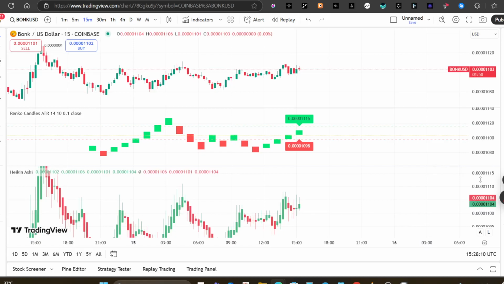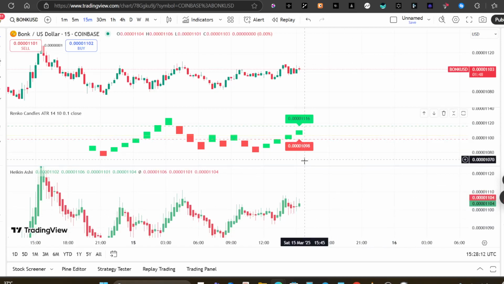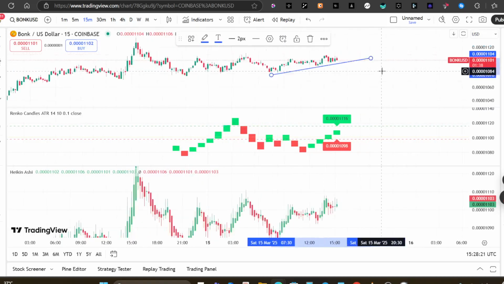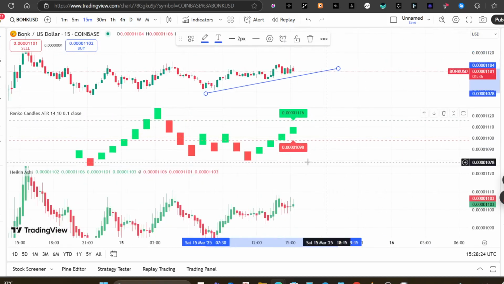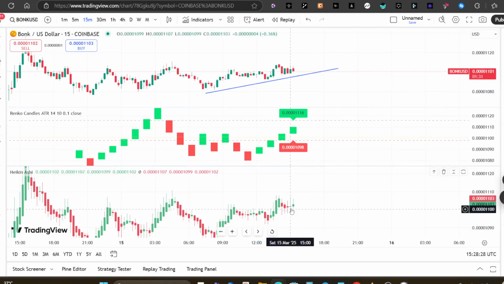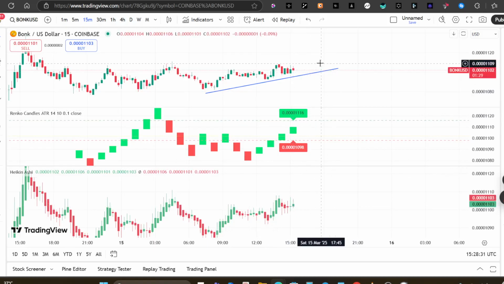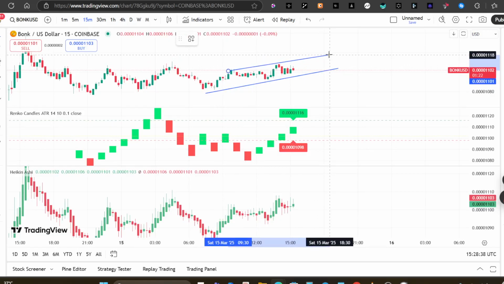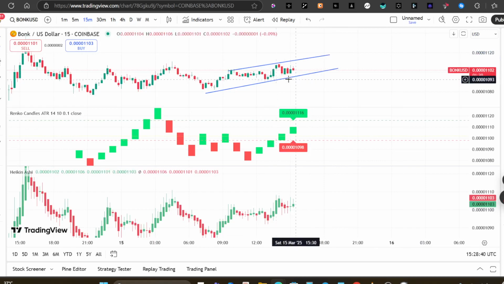So it means that we're currently having a bullish move, probably a short-term bullish move, because we can see that the Renko shows us a consecutive 4, but the Heikin Ashi just shows us 2 consecutive green candles. But you can see on the traditional candlesticks we are having higher lows, right? We have higher lows and an higher high. So we have a short-term bullish move right now on the 15-minute chart.